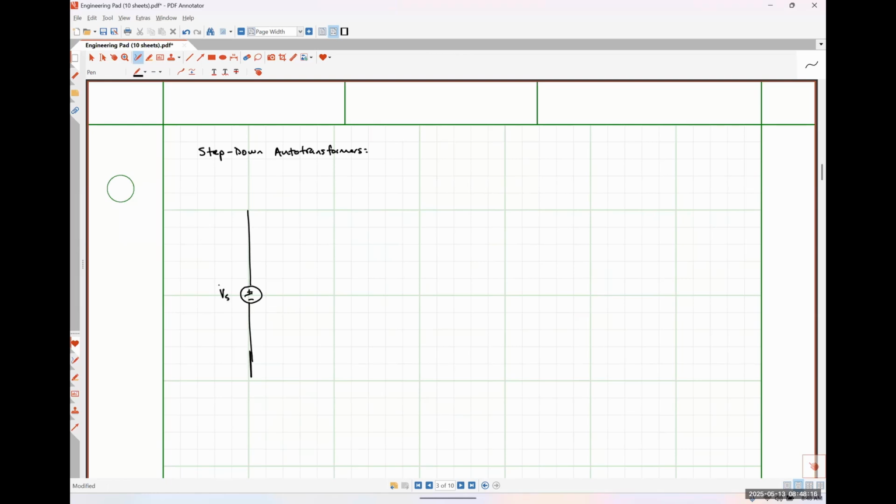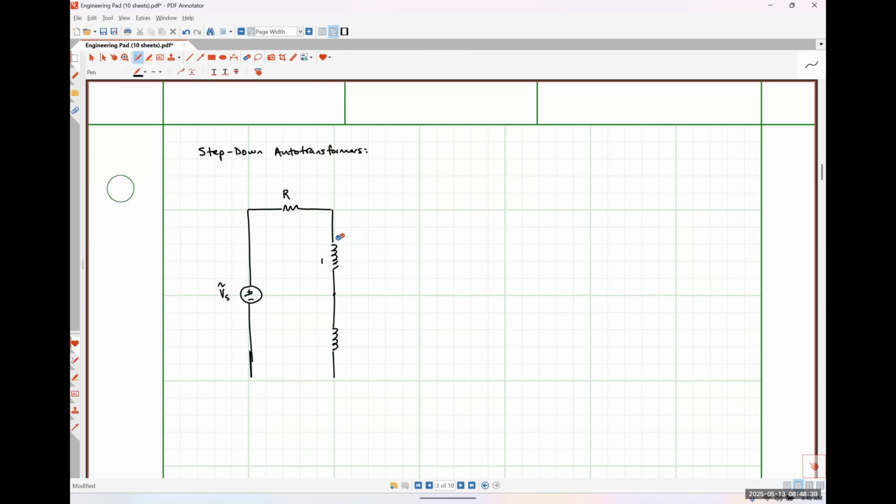So this is going to be Vs. Here's some resistance R. And then I've got a coil up here on top that I'm going to say has N1 turns, dot on the top. And here's my coil having N2 turns.